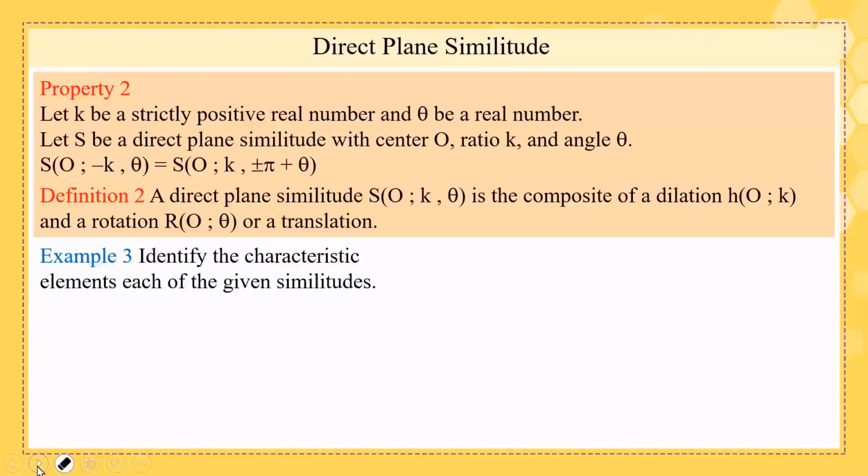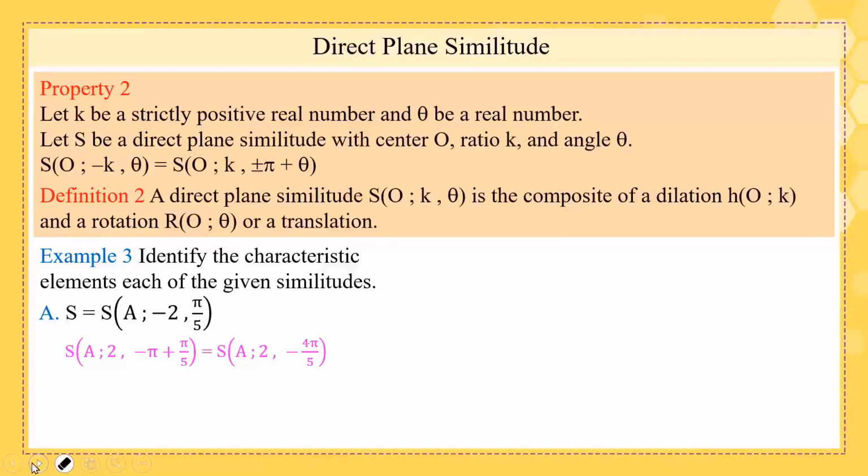This is example 3. The question is: identify the characteristic elements of each of the given similitudes. First example, S of center A, ratio minus 2 and angle pi over 5. Yes, S will be equal to a similitude of center A, ratio 2 and angle minus pi plus pi over 5, which is minus 4 pi over 5.